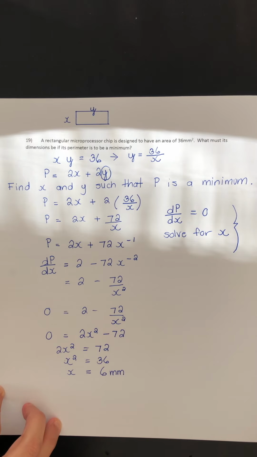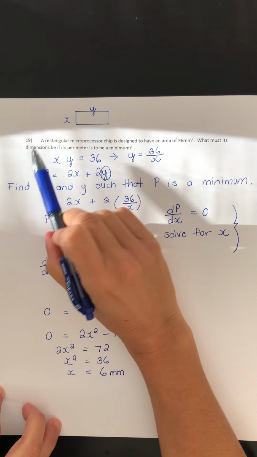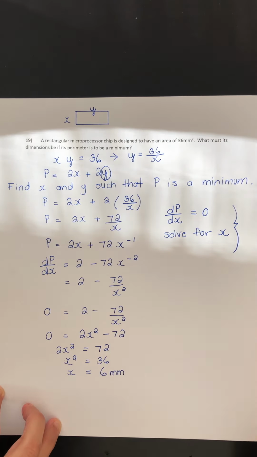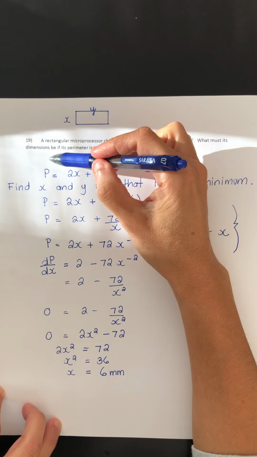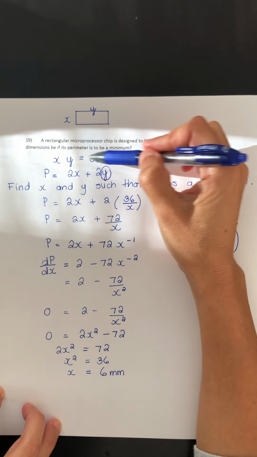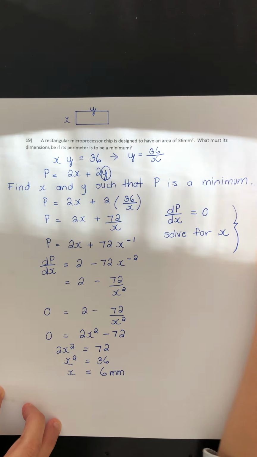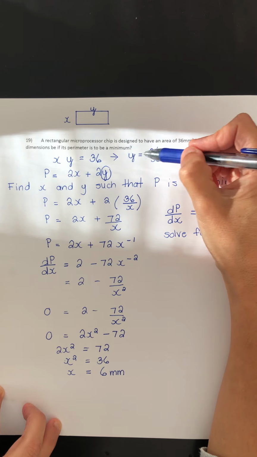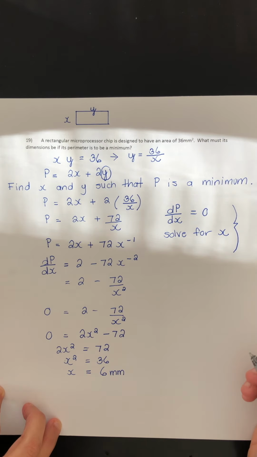All right, now that we have x, remember we're trying to find both dimensions, so we can find y very easily. Remember, the area of the rectangle is 36. So if x is 6, y is also 6, right? y is 36 over x.